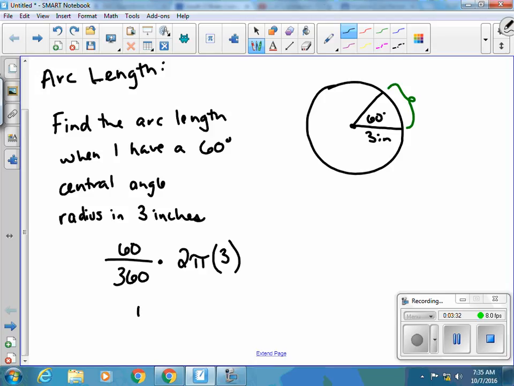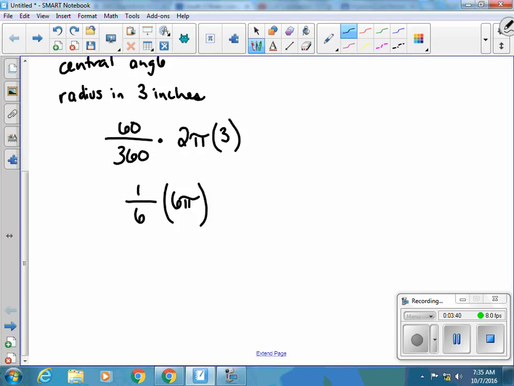I know that 60 over 360 is 1 over 6. And then over here, I've got 6 pi. Well, this just happens to work out beautifully. That 1/6 times 6 pi gives me 1 pi. And we know that we're dealing with inches, so this is pi inches. Leave your answer in terms of pi. You don't actually need to multiply the pi. This way it's more exact.